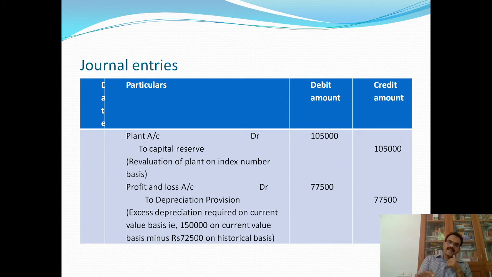First one, plant account to capital reserve, for revaluation of plant on index number basis. Here 1,05,000, which is the value on the basis of current cost, 2,55,000, minus historical cost 1,50,000, is equal to 1,05,000.